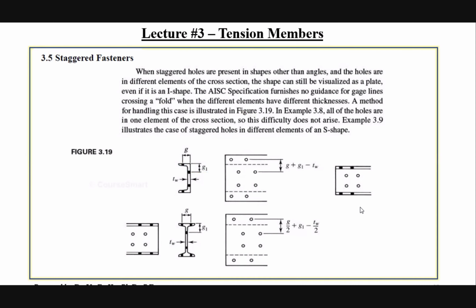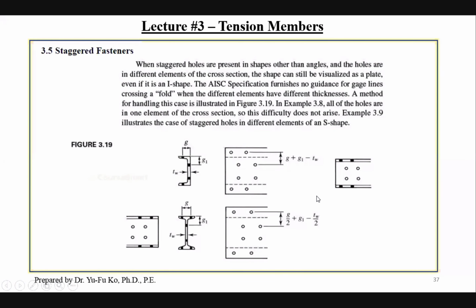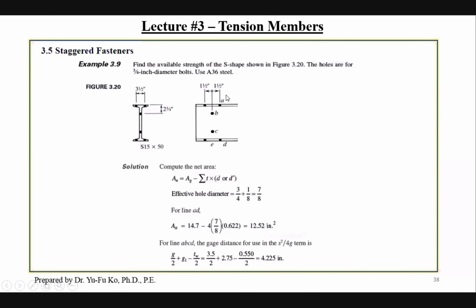Okay. So now with that being said, let's move on to example 3.9. The problem wants you to find the available strength of this S shape in figure 3.20. The holes will be for 3/4 inch diameter bolts and use A36 steel.